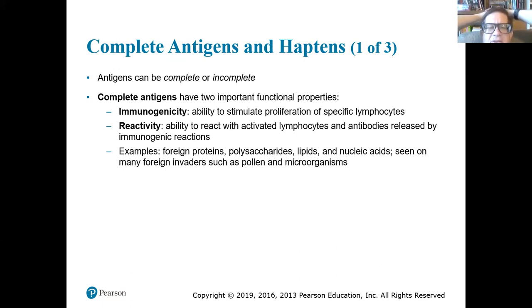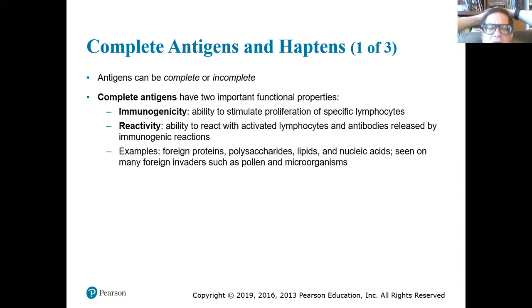That means they have two important functional properties. Immunogenicity, which means it can cause us to make a bunch of lymphocytes as an immune response, or reactivity, the ability to react with an activated lymphocyte or an antibody that was released from an immunological reaction.